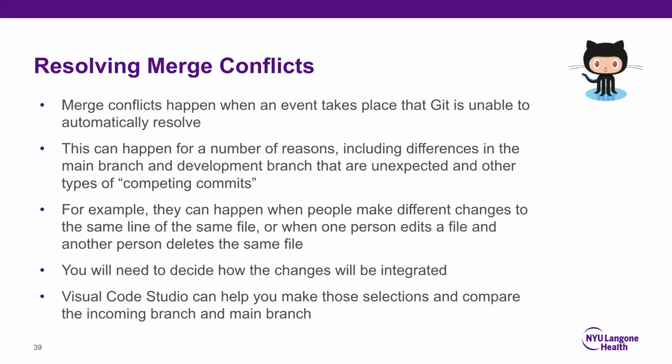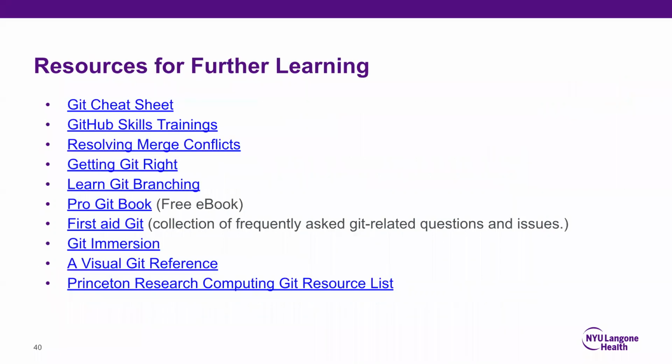For example, they can happen when people make different changes to the same line of a file, or when, as I mentioned earlier, a person edits a file that's already been deleted. You will need to decide how those changes will be integrated, and Visual Studio Code can help you make those selections and compare the incoming branch and main branch. So they may happen, but don't panic, there are ways to resolve merge conflicts.